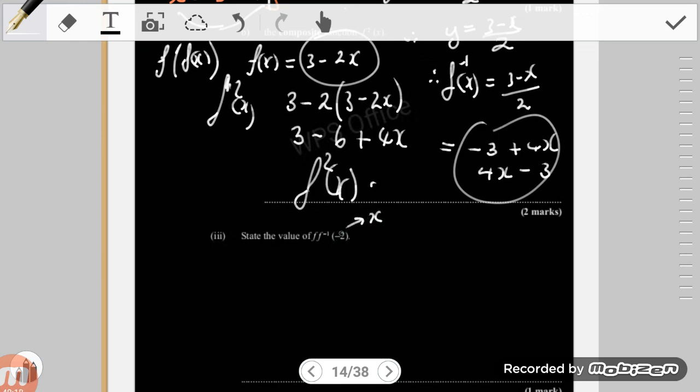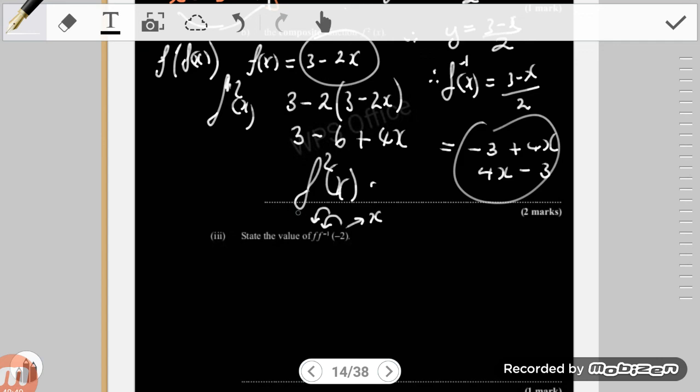We're going to replace that minus 2 wherever the x is in the inverse function. That should produce a value. And then once we have obtained that value, we are now going to do another substitution into the function f. So it's like a double substitution.